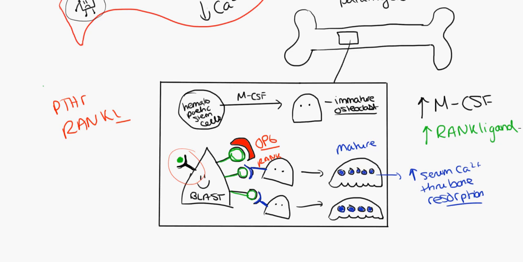It's because PTH binds its PTH receptor on the osteoblast, and then that increases expression of rank L. And so rank on the osteoclast binds rank L on the osteoblast, and then that's going to result in differentiation of the immature osteoclast into a mature osteoclast, thus increasing bone resorption. And then that's going to increase our serum calcium, because our calcium from our bone is going to be released into the bloodstream. And OPG is a molecule that can bind rank L, thus preventing bone resorption from occurring.